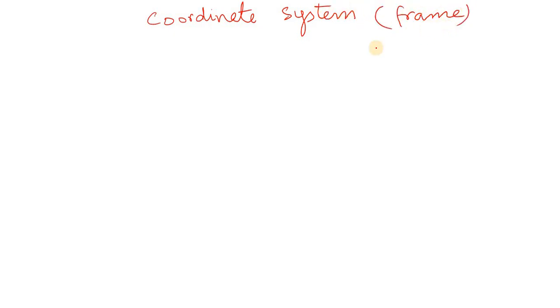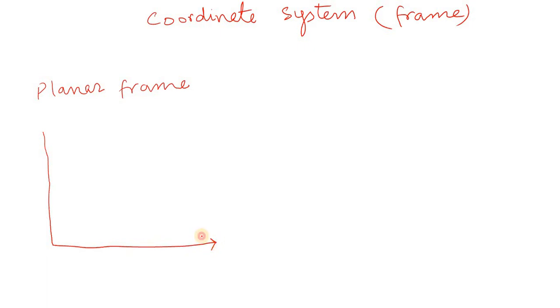Okay, so one important thing is the reference frame or coordinate system. We can have a 2D planar frame, in which we have two coordinates here. Both of these coordinates are orthogonal, meaning they're at 90 degrees.